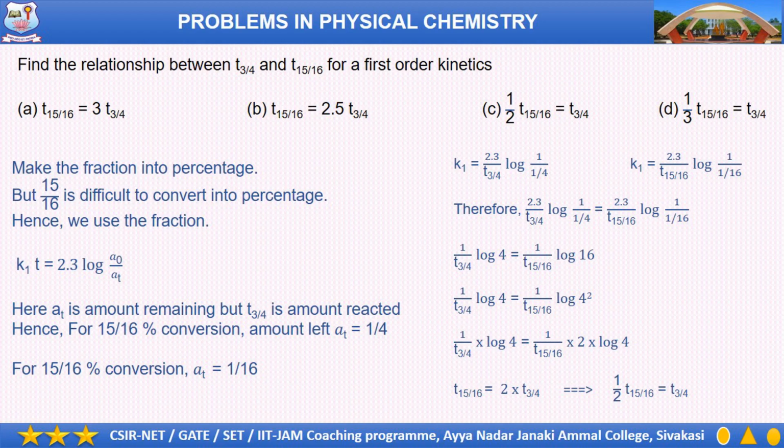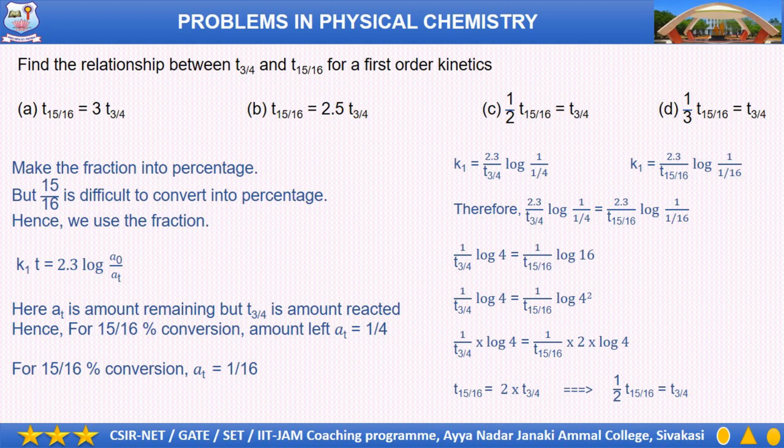Here fraction is given. You can make it into percentage and calculate, but if a fraction is given, you can keep it as a fraction. How to approach the two sets of data? Once again, you have to make use of this problem, not in terms of percentage, because 15 by 16 as a percentage would be difficult.